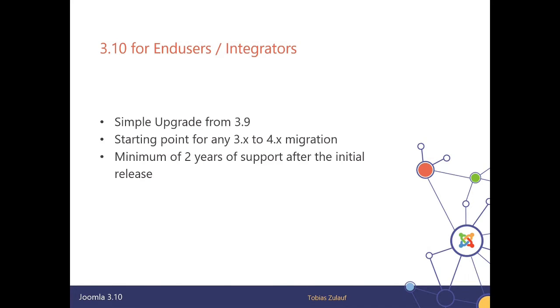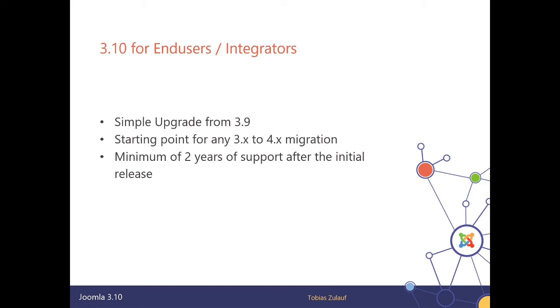Then 3.10 for end users and integrators. Usually it's a simple upgrade from 3.9. So whatever is the latest version, it will upgrade as 3.9.x plus 1. So no special things involved here. We keep all the minimum requirements.